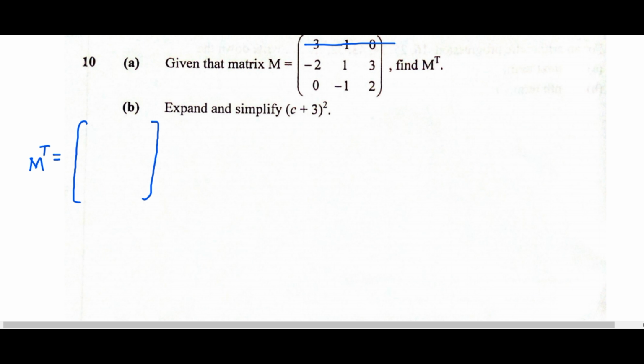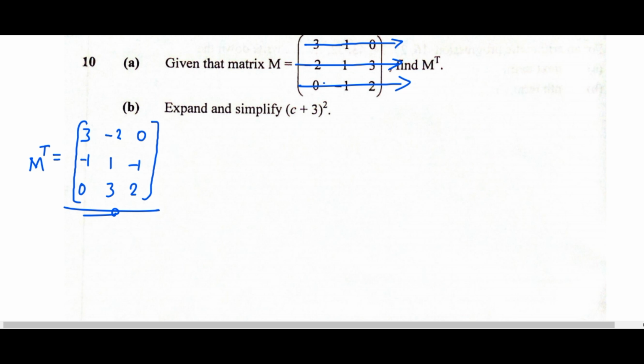So this is our row 1, in our second matrix it will become our column 1. So here we have 3, negative 1, 0. Then the second one is negative 2, 1, 3. Then we have this third one, 0, negative 1, 2. So this is our final answer.